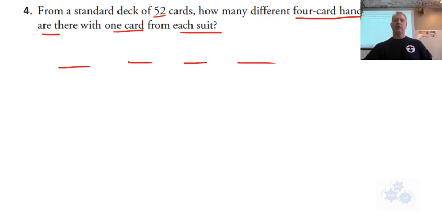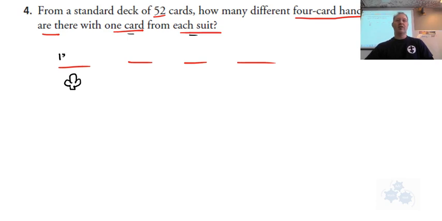So how do I find out 1 card from each suit? So clubs kind of look like this, right? Sort of. It's like a cactus, but anyways. So the clubs, okay. So how do I find out how many clubs I could have if I have 1? Yeah, there's 13, right? There's 13 in each, so you just say 13.